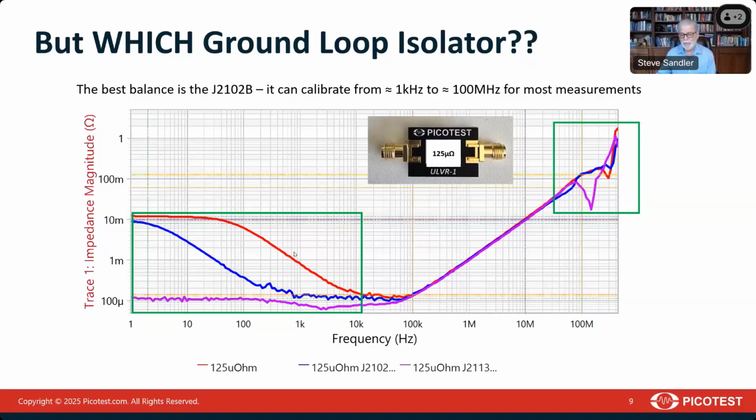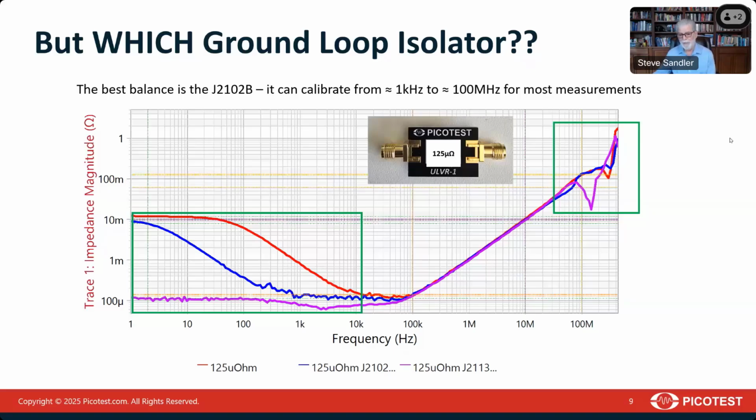And the resistor without any ground loop correction at all, you can see we do have this very large 10,000% error at low frequency. And again, it corrects itself at a higher frequency, maybe around 10, 20 kilohertz, where it gets okay. So the choice in how we isolate the ground loop and which ground loop isolator we need is dependent on how much attenuation we need of the common mode error and also how high in frequency we need to measure.